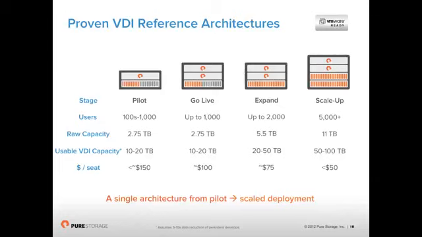The array that you see on the left here is our smallest configuration. It's a single controller non-HA array with a half shelf of storage, which has a raw capacity of about 2.75 terabytes. Now, depending on the data reduction, which might be between 5 and 10x, that'll store anywhere between 10 and 20 terabytes of VDI data.